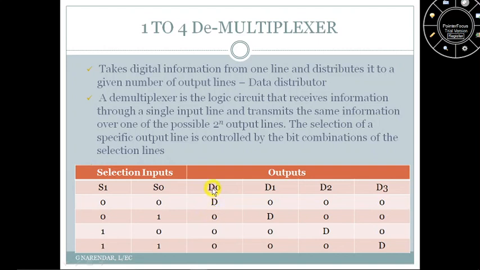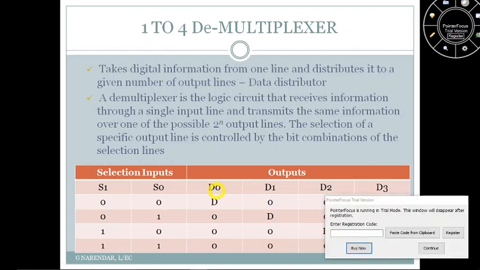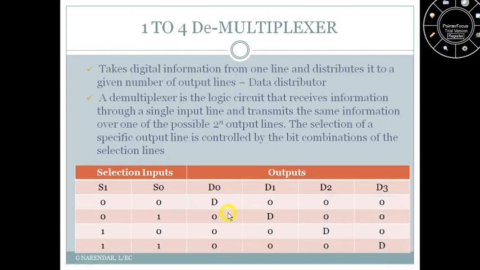So here D0 equals D only when S1 is 0 and S0 is 0. So I can write D0 as D0 equals S1 bar S0 bar dot D.